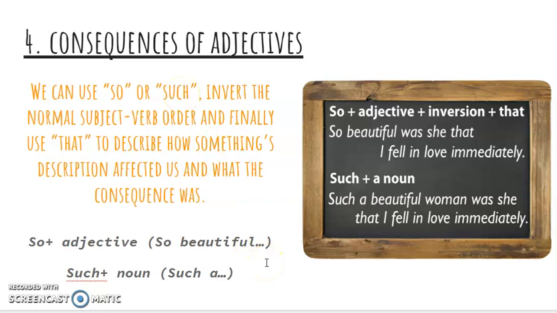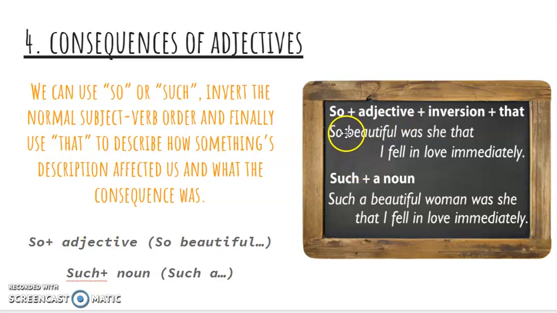We've been using them for a while now. In this case, what we do is include "so." In the case of "so," we include an adjective, and afterwards we change the normal, as we know already, subject-verb order. And finally, we use "that" to describe how that particular something affected us and what the consequence was.